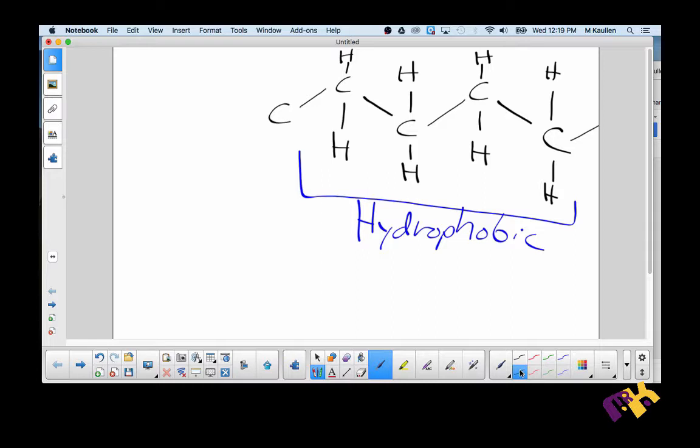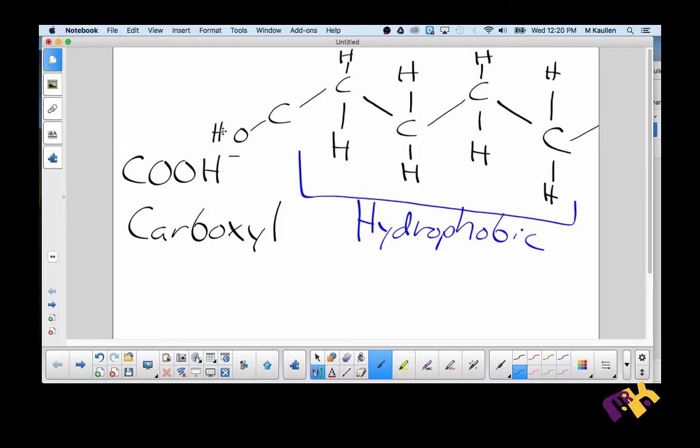The other part of it is a carboxyl group on the front end of this. Carboxyl is COOH. It usually has a negative charge on it. And this is going to be right here where we have a single bond down to an OH group and then a double bond to oxygen, COOH.